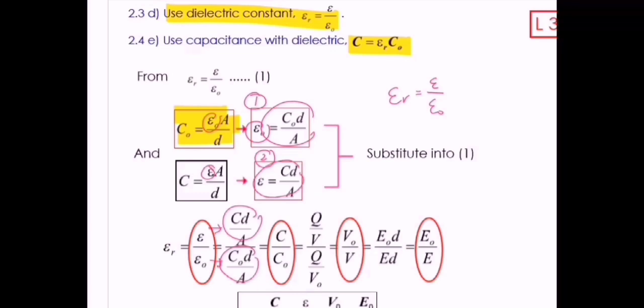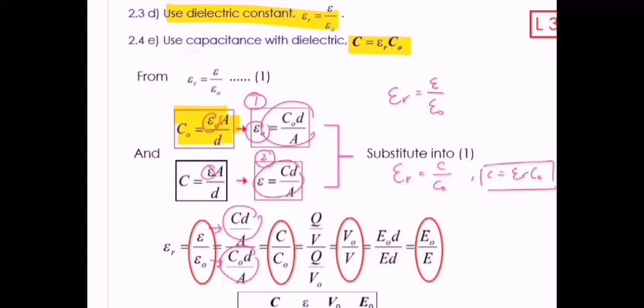Therefore, we get epsilon R equals C over C naught. When we rearrange it, we get C equals epsilon R C naught. So this is the equation.